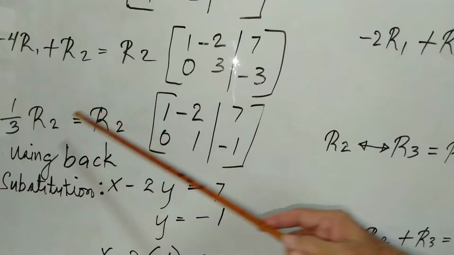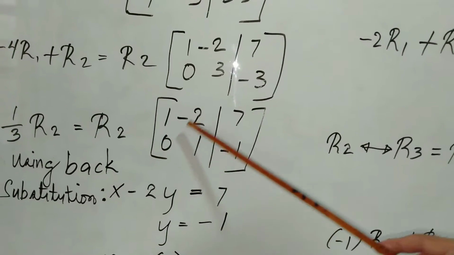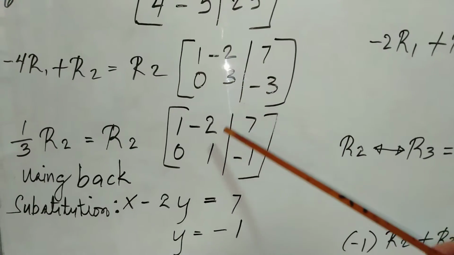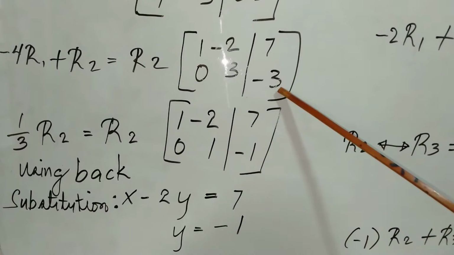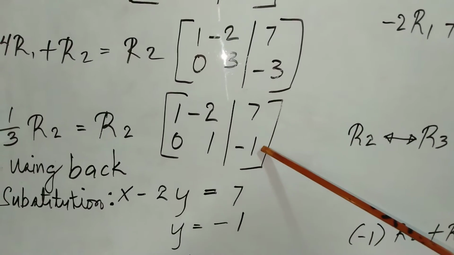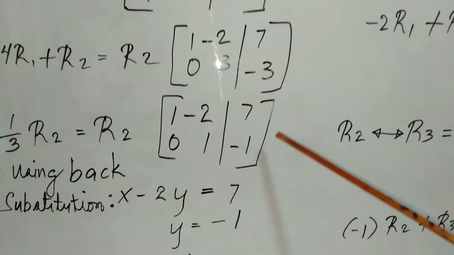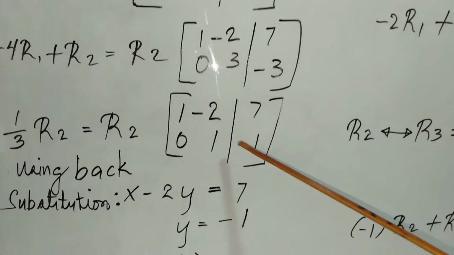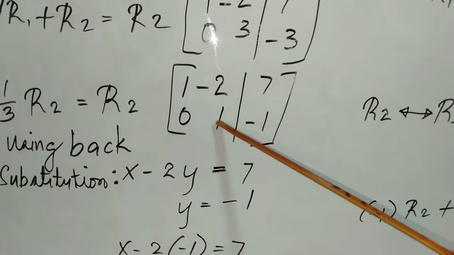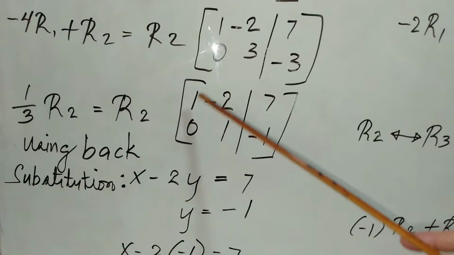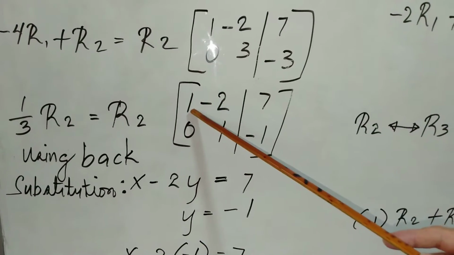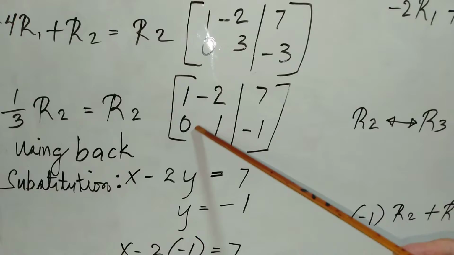So 0 times 1/3 is 0. 3 times 1/3 is 1. Negative 3 times 1/3 is negative 1. As you can see, we have a simplified form here, a diagonal of 1, 1, and a 0 below the leading 1. This is our leading 1, and below it is 0.